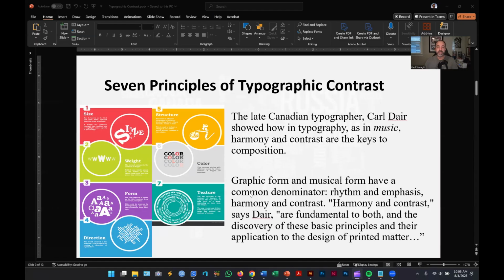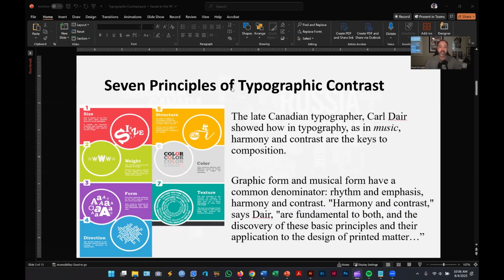We're going to talk about the seven principles of typography, or typographic contrast. There was a late Canadian, late meaning dead, Canadian typographer. And yes, that really is a job, but it's more of a strength that you tend to have. His name is Carl Dair, and he showed how in typography, just like in music, harmony and contrast are keys to composition.